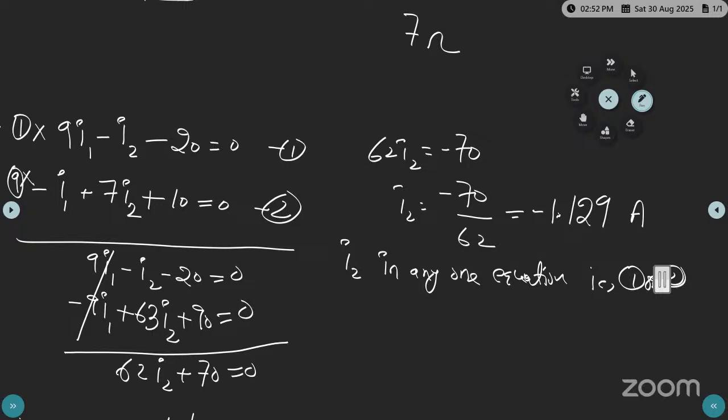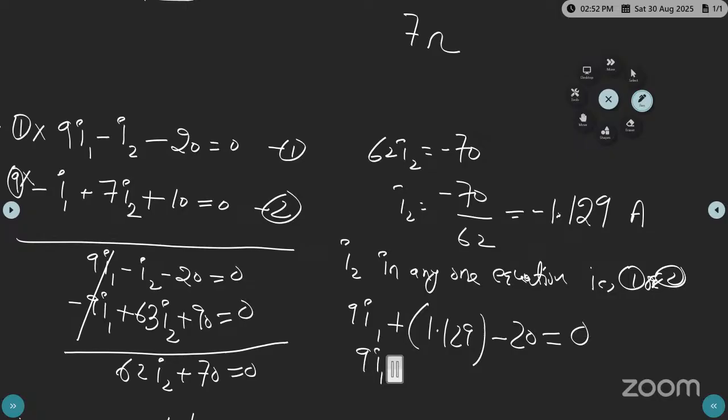I am substituting in equation 1 now. 9I1 minus of minus will become plus 1.129 minus 20 is equal to 0. So 9I1 is equal to 20 minus 1.129. 20 minus 1.129, how much?